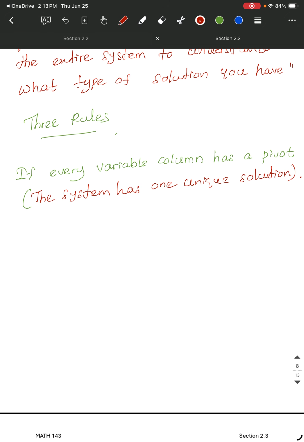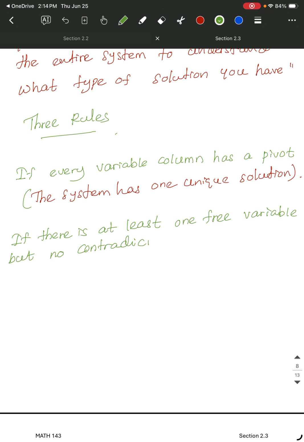Also, if there is at least one free variable but no contradiction, that means the system has infinitely many solutions.